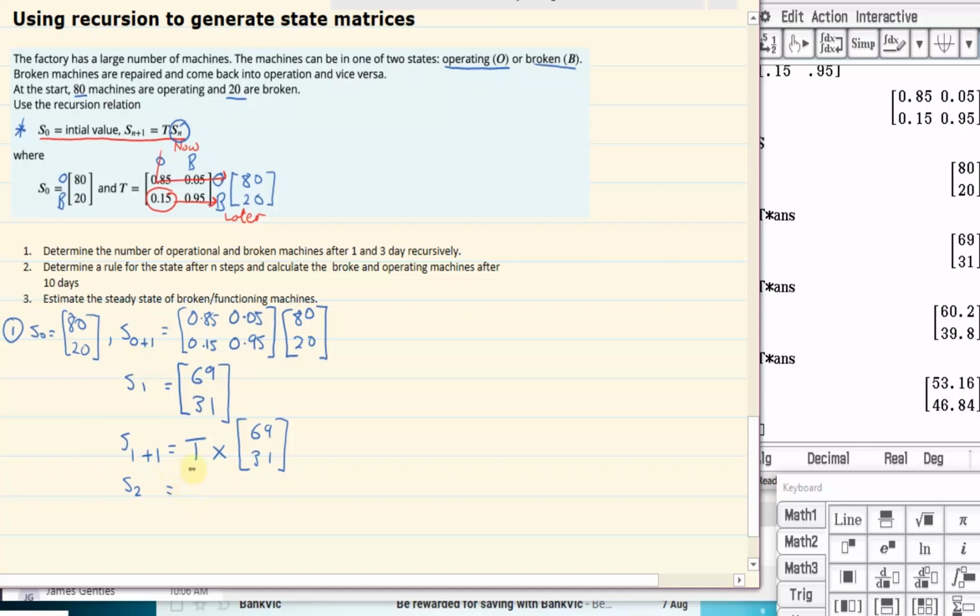So S2 is equal to 60.2 and 39.8. And then S3 would be S2 plus 1, which is T times 60.2 and 39.8.